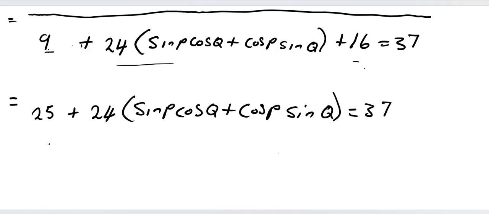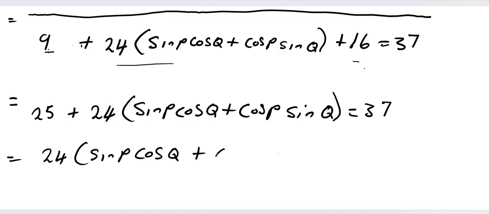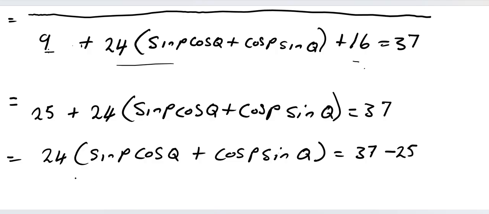So 24 times sine p cos q plus cos p sine q equals 37 minus 25. Do you get me? And 37 minus 25 is 12.